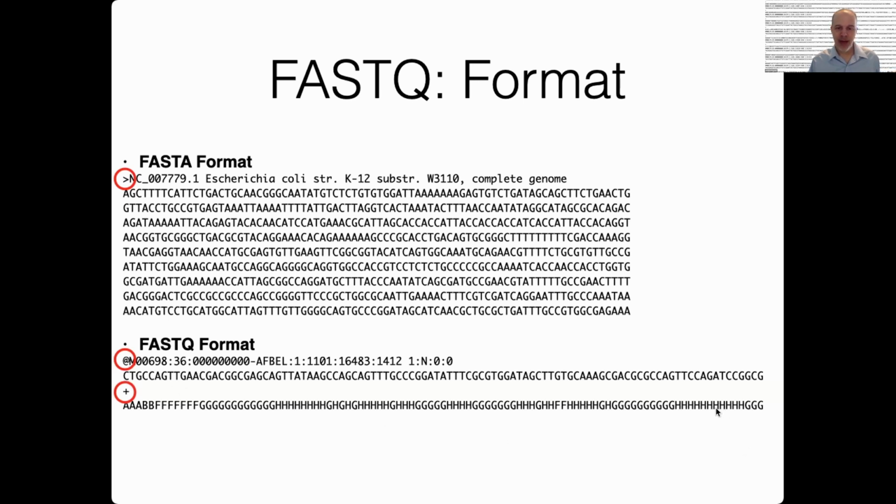At and plus are actually valid symbols in the quality score. And so if you just look for @ and plus, you're very likely to parse the file incorrectly, because you will find at and plus in the quality scores.